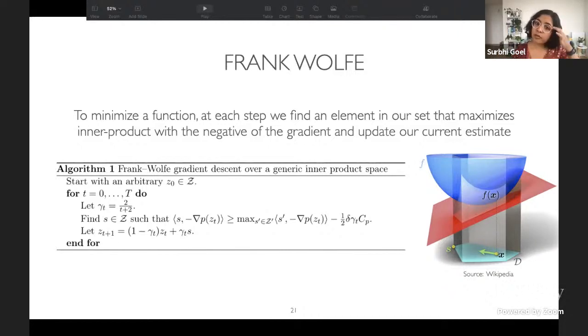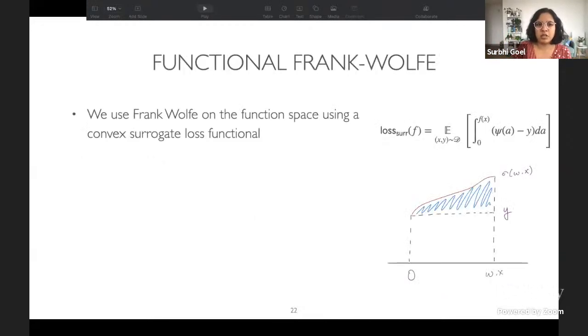Now the interesting part for our setup is that we are trying to learn this two-layer neural network, and what we can show is that this inner optimization actually just reduces to this agnostic learning problem. So basically we do this functional Frank-Wolfe, which is we run Frank-Wolfe on the function space. The important part here is that we use the convex surrogate loss function instead of just the squared loss. You could just do it with the squared loss, but we need this surrogate loss function to handle this non-linearity that we added to the second layer.